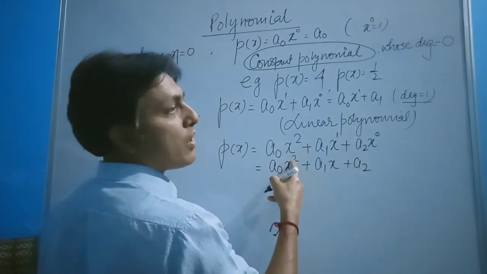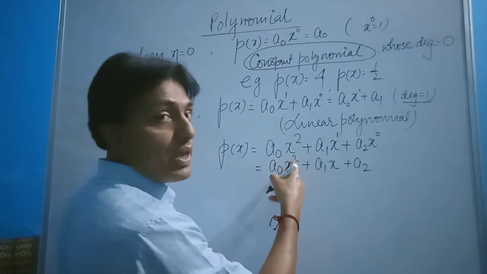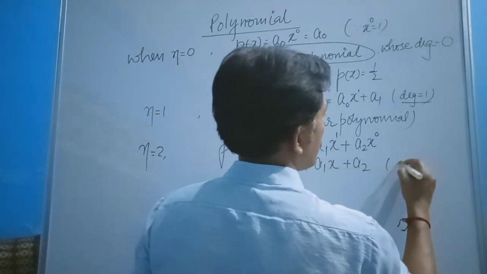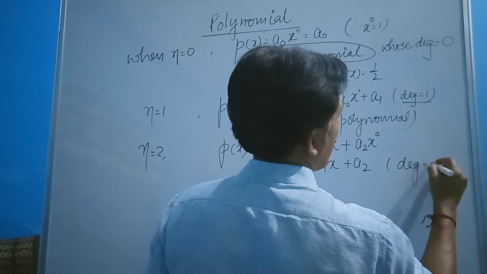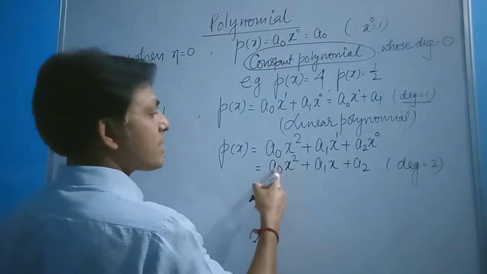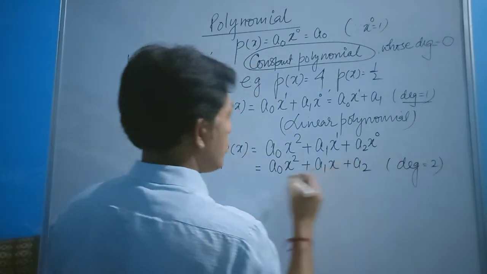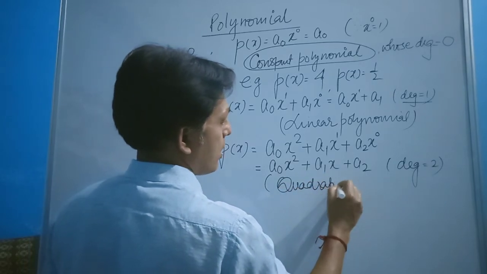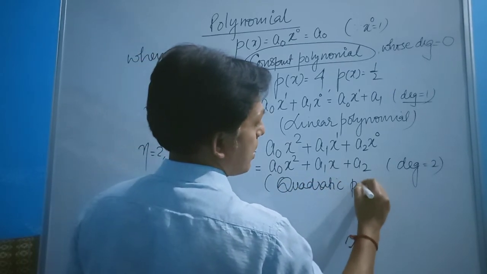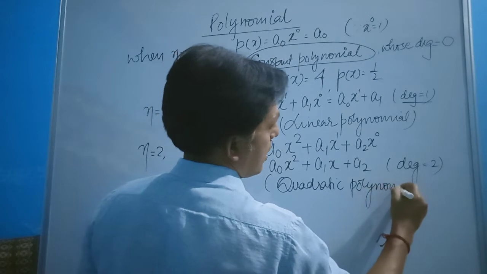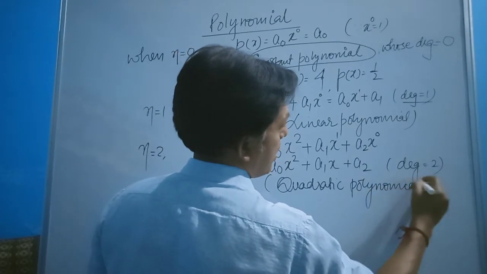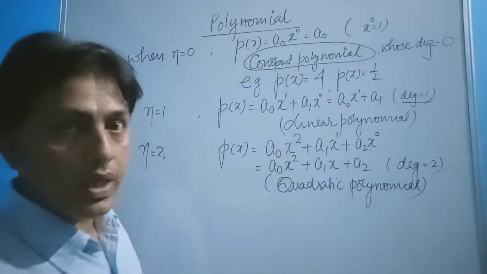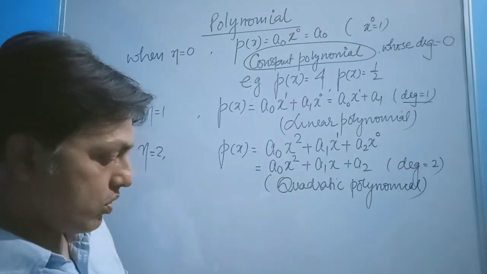Here the highest power of x is 2, means the degree is 2. So this kind of polynomial whose degree is 2 is called quadratic polynomial. Correct?